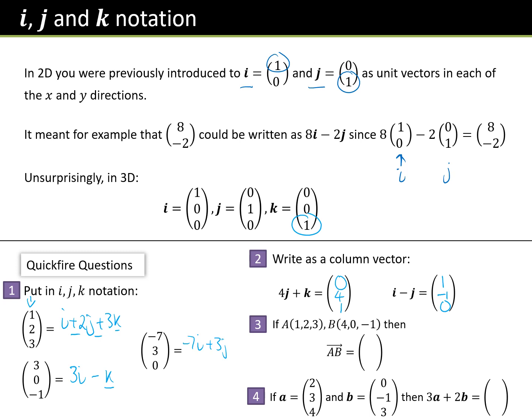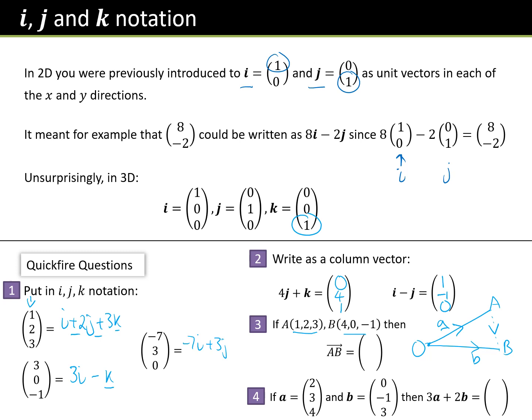Now A to B, the journey A to B, given that these are coordinates, so if they're given coordinates going along horizontally instead of a column vector, then that means they've come from a common origin. So to get to A, we're doing the coordinates 1, 2, 3, so that might be the vector A, and then to get to B, we're doing the coordinate 4, 0, minus 1. So how do we get from A to B, which is this direction?